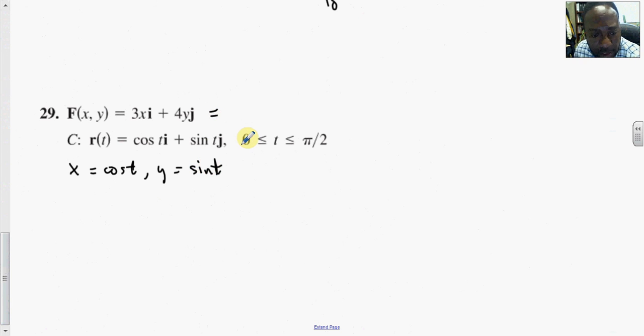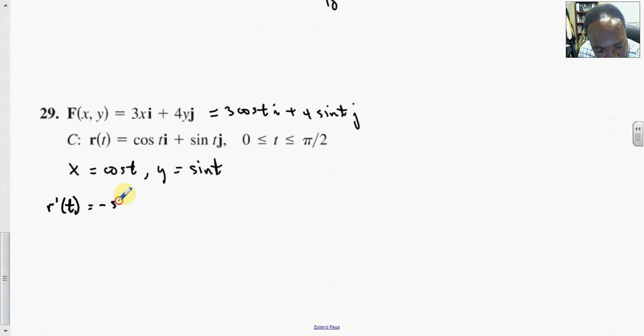So the function F in terms of t is 3 times x, but x is cosine t, i plus 4 times y, and y is sine t, j. And we have r, we need r prime of t. That's negative sine t i plus cosine t j.